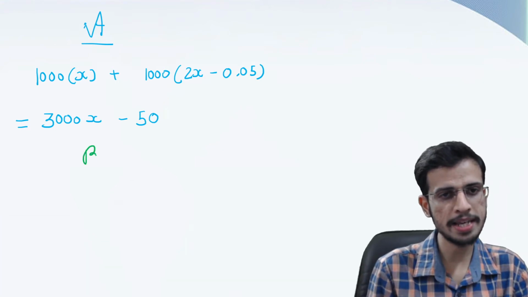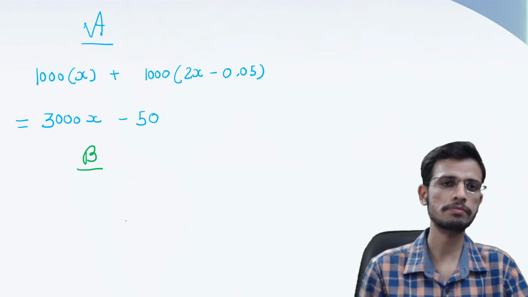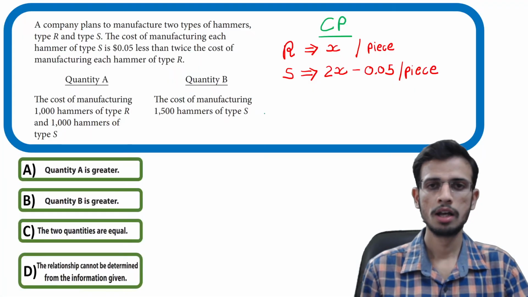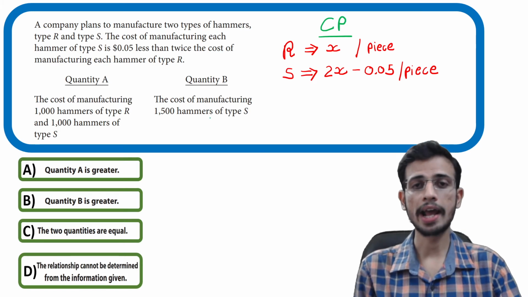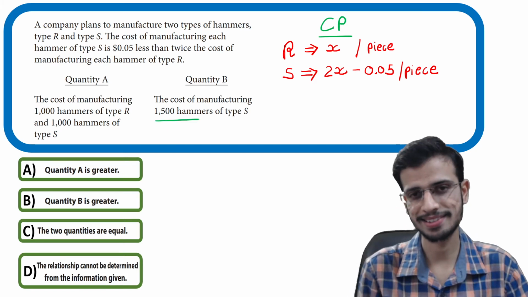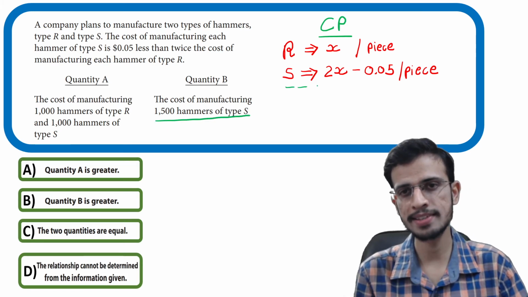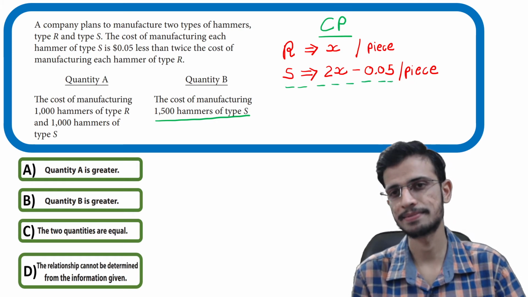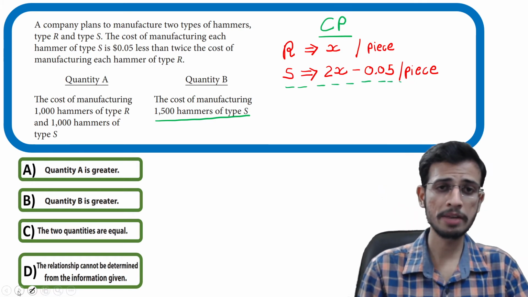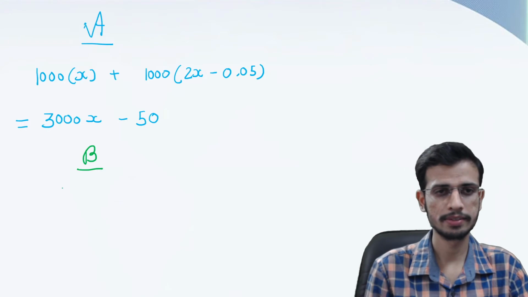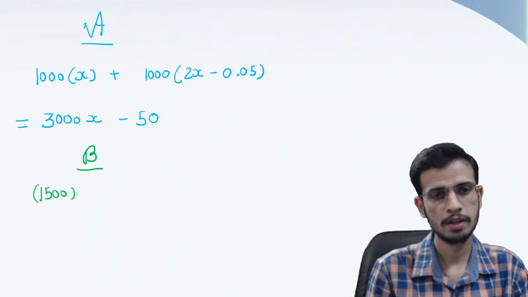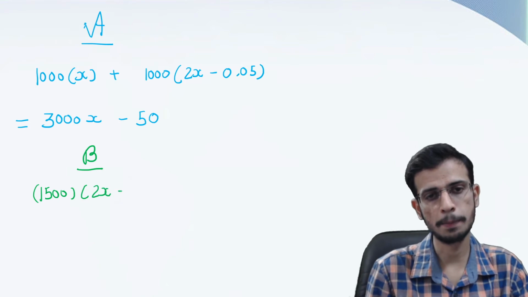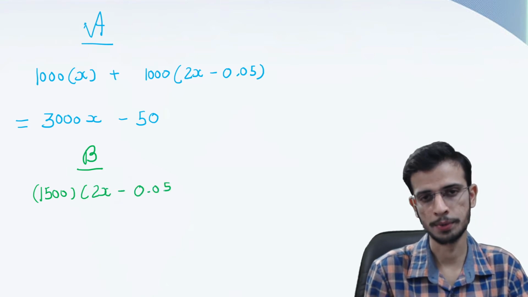So for quantity B, what is quantity B? The cost of manufacturing for 1500 hammers of type S. For type S hammer, this cost is per piece. So quantity B will be 1500 times this 2x minus 0.05.